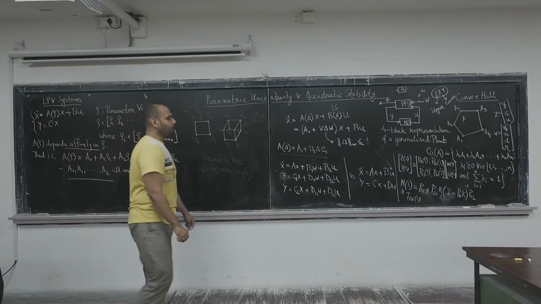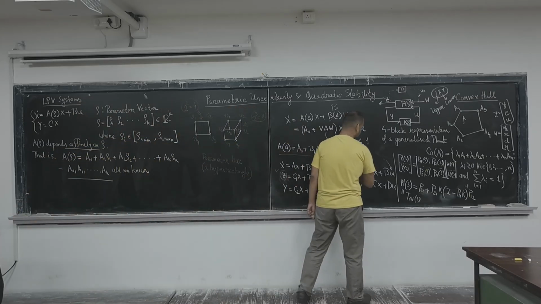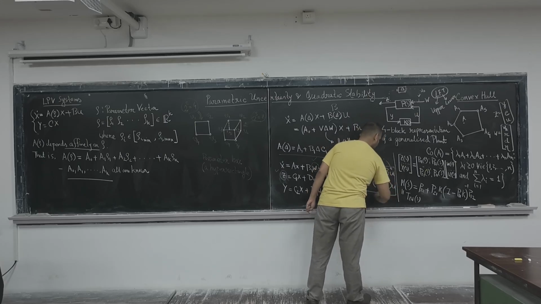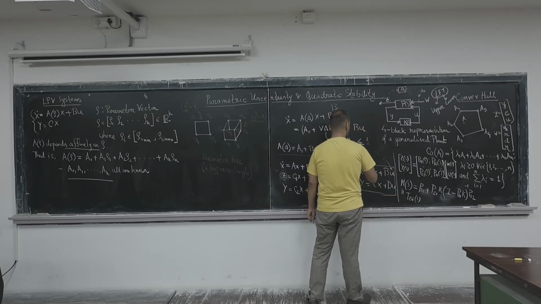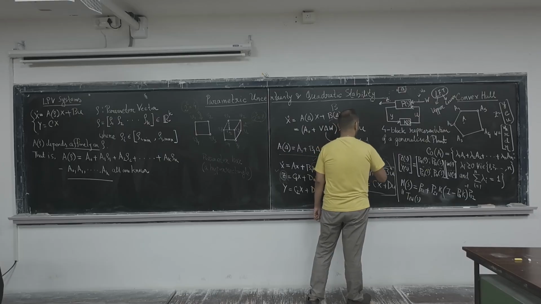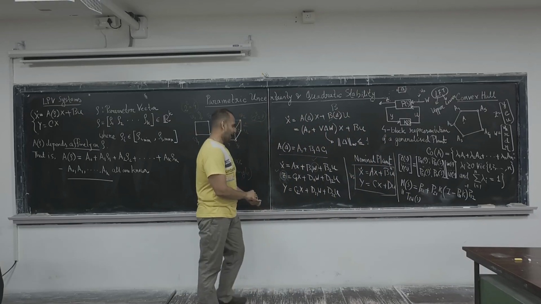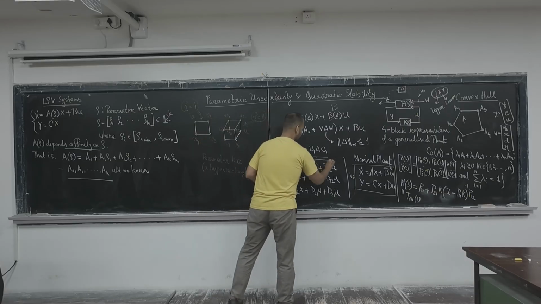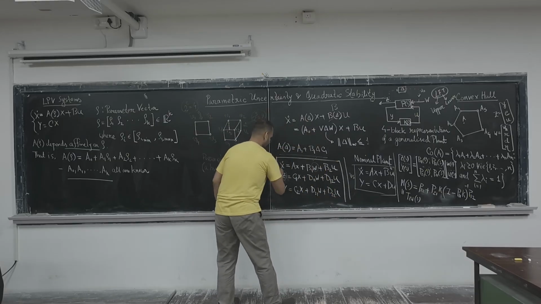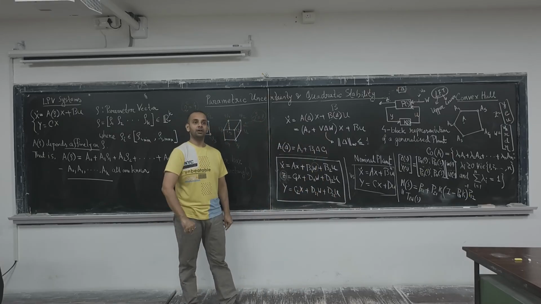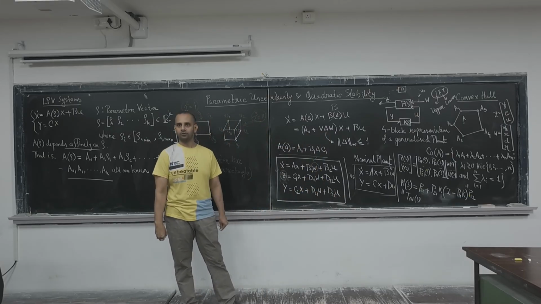Now when we had x dot equals to Ax plus Bu, this is the representation for the nominal plant. And this is the representation for the generalized plant. Generalized means when you are considering the effect of all exogenous factors, okay?